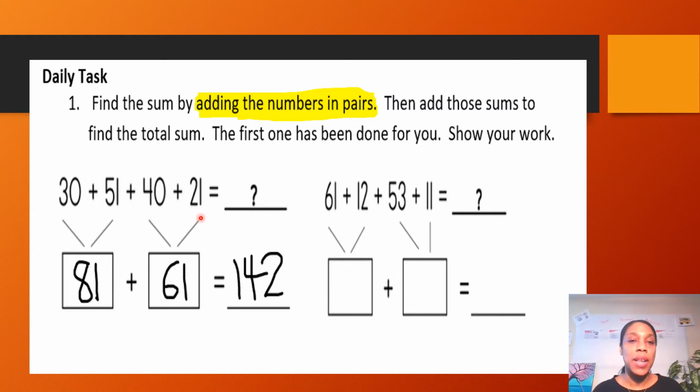When I add 40 plus 21 together, I come up with an answer of 61. Next, I'm going to take the two sums that I have and add them together to come up with my final answer. 81 plus 61 equals 142.